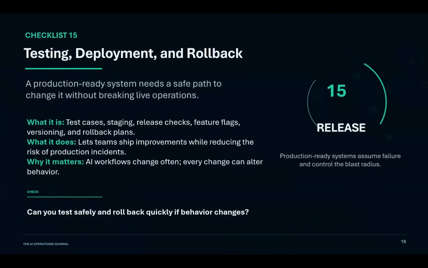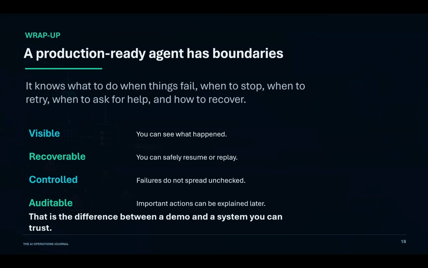You need to have that in place so it's easy and smooth. It shouldn't take a long time for you to recover if you break the system after you release a new feature. So again, the question you need to ask yourself to see if your system is production ready is, can you test safely and roll back quickly if behavior changes? And that was the last item in our checklist, but that doesn't mean testing and having a way to roll back isn't super important.